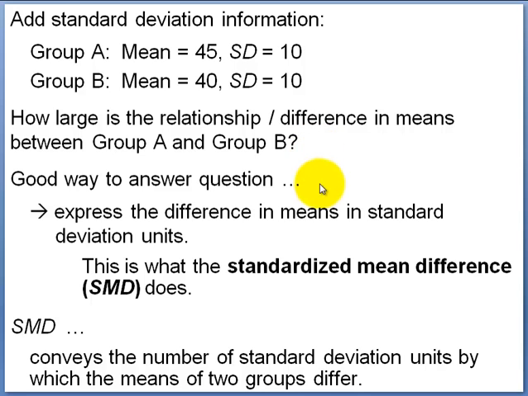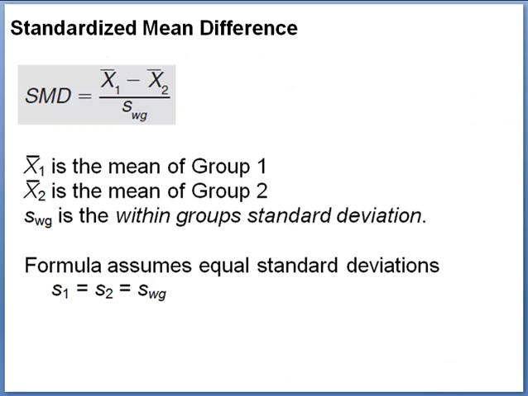A straightforward way to answer this question is to express the difference in means in standard deviation units. And this is what a standardized mean difference is. So the standardized mean difference conveys the number of standard deviation units by which the means of two groups differ.